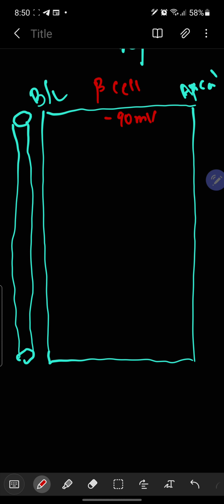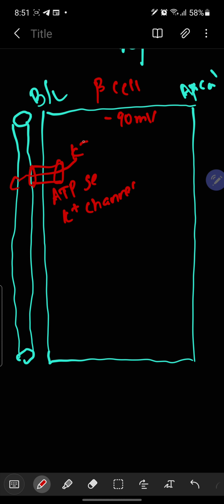This is because here there is an ATP sensitive potassium channel. Cells are bags of potassium, so the potassium will go out. As potassium moves out, the resting membrane potential is maintained at minus 90 millivolt.